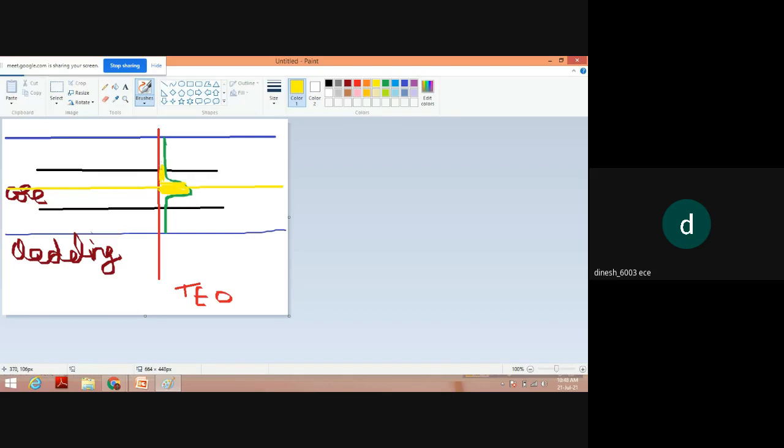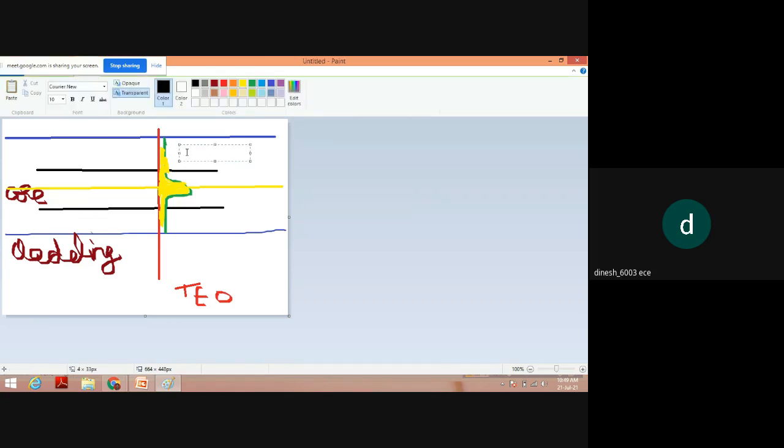You can see that the optical wave passes through the cladding here and here in TE0. So the wave which I decide to send in TE0 mode passes along the core axis with maximum intensity, but some portion of light falls into the cladding, which gets refracted.